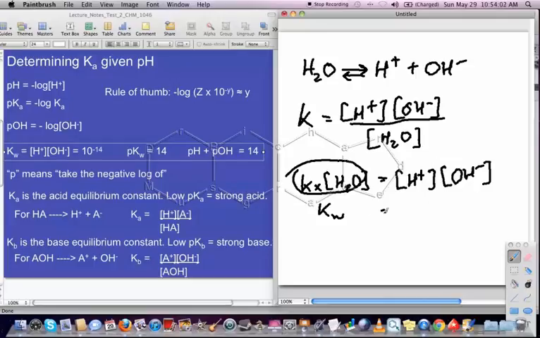And we actually know what the value of Kw is. Kw is 10 to the negative 14. If we take the pKw, that is take the negative log of that, as I said, just look at the exponent, and that's going to be 14. This tells you why the pH scale is based on 14. It's because that is the maximum number for the Kw. So Kw is 10 to the negative 14. The pKw is 14.